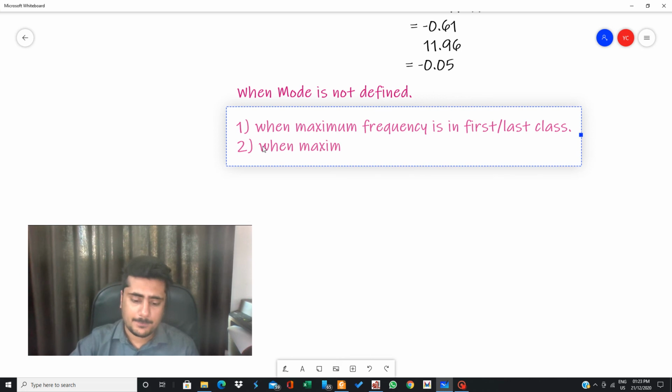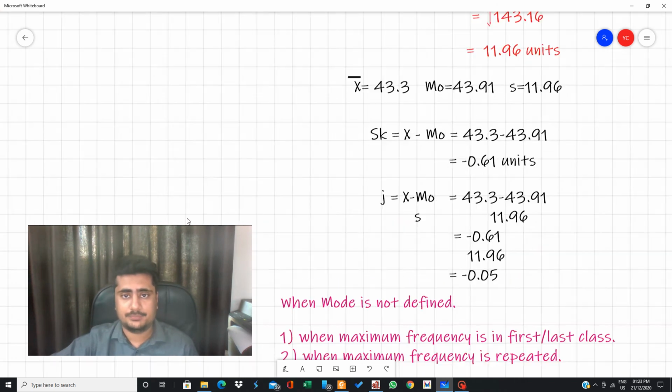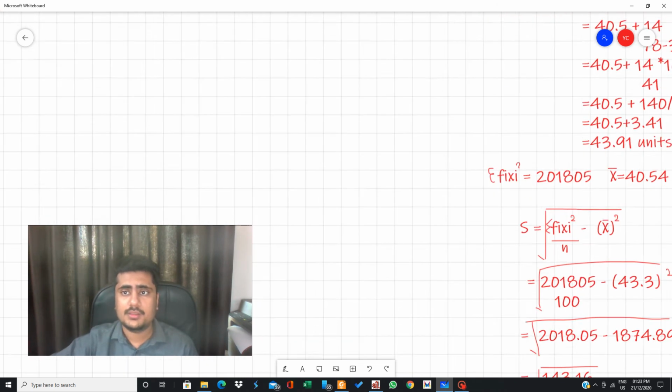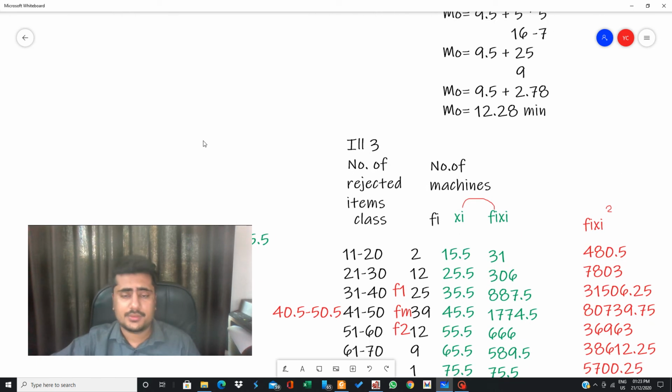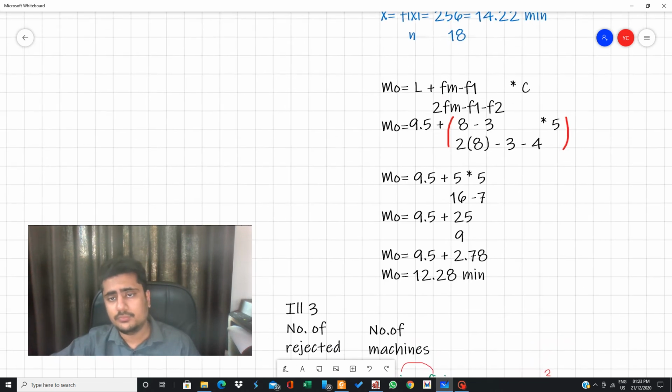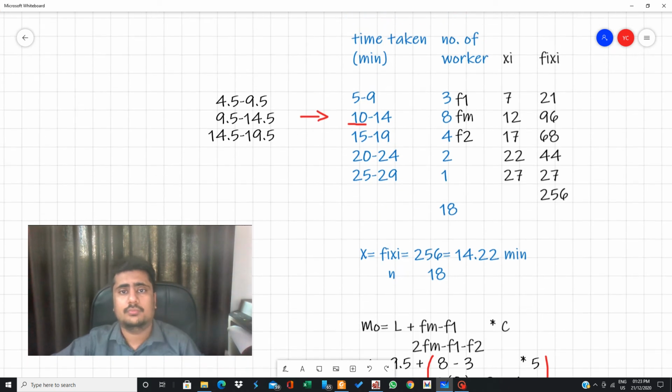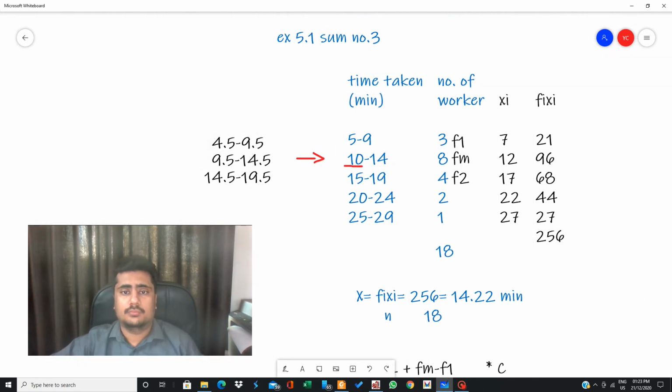Then, when maximum frequency is repeated, or you can say maximum frequency is more than one time. See now here, what happened here? Suppose this 8 is one time.